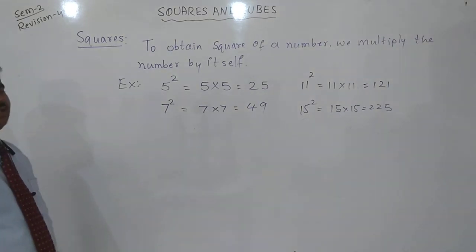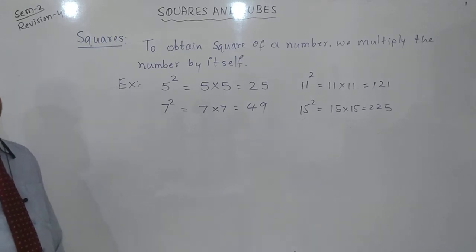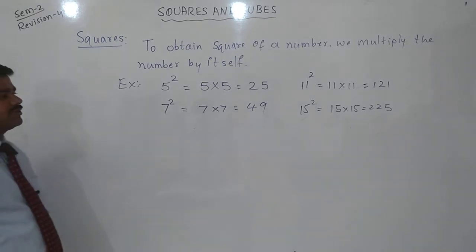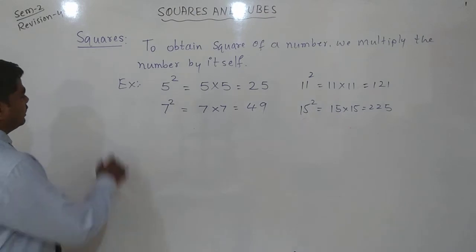This is how you obtain the square of a number, by multiplying it by itself. Now about cubes.